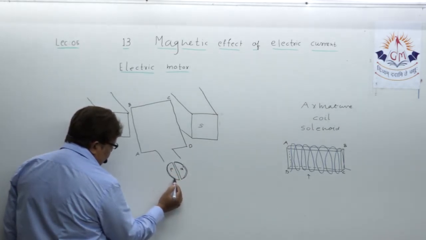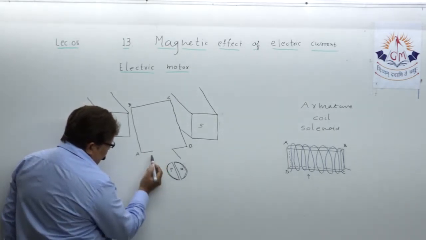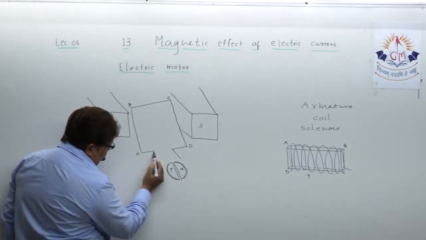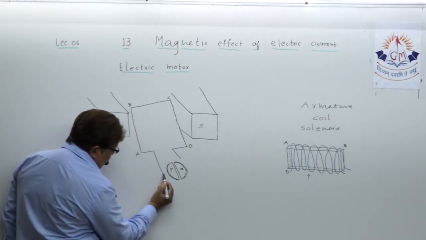Okay, and the coil of wire is connected with the slip ring by two carbon brushes.